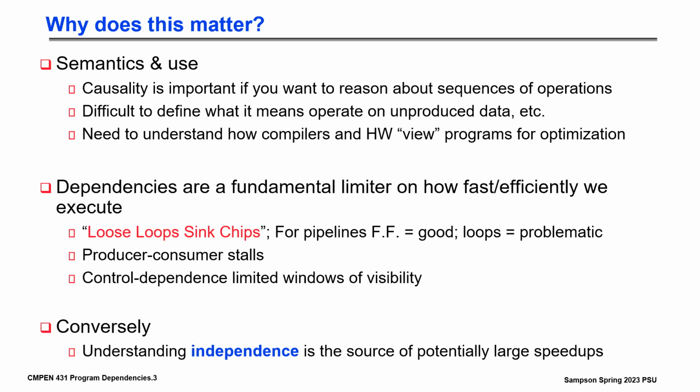So for instance, there are different models about the orders that events could possibly have happened under concurrency. And those will be baked into your ISA, right? They'll have different strengths of ordering among concurrent events. But you have to make a choice, right? You have to have some particular model. Otherwise, you can't reason about causality, and then you can't write parallel programs, or you could, they just wouldn't work, right? It's not really clear what you'd want to even say about an operation on unproduced data even means.